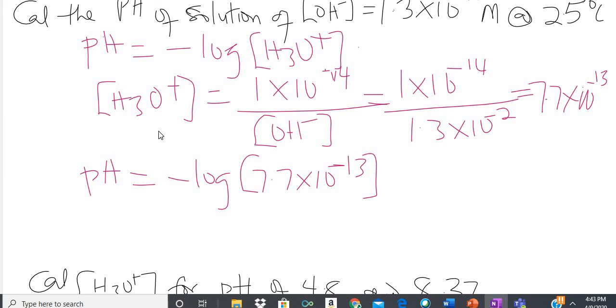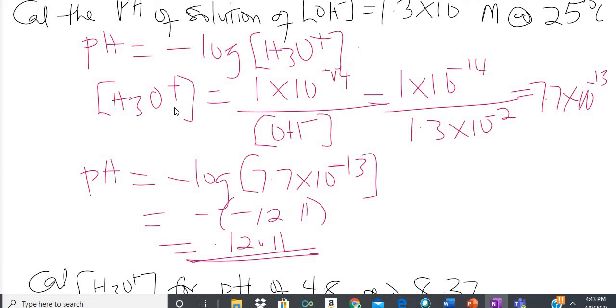And if you plug that into the calculator, it's going to give us negative of negative 12.11. And that gives us 12.11. That is the pH.